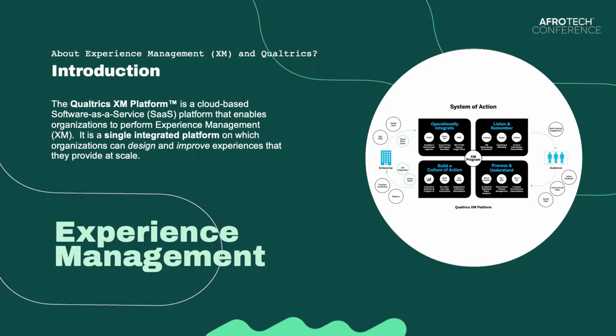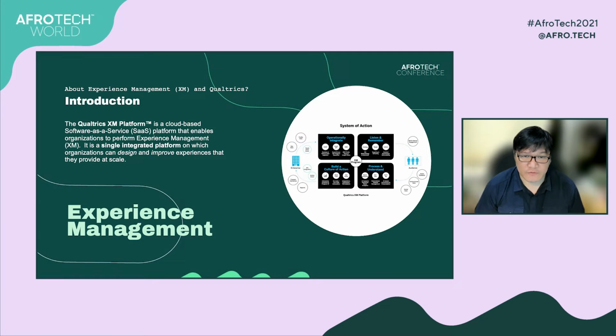So before we get into the technology contents, I just wanted to quickly explain what Qualtrics does. Qualtrics is a software as a service platform that helps organizations understand the experiences that they are providing to their audience, the audience being their customers and employees, right?